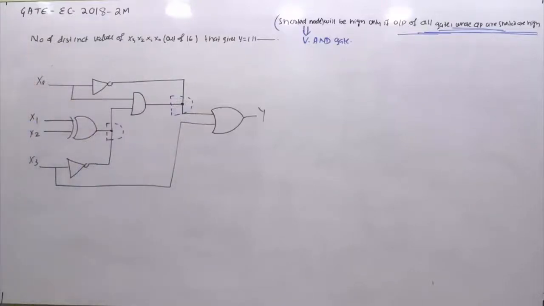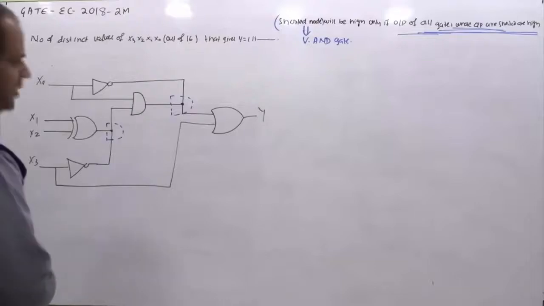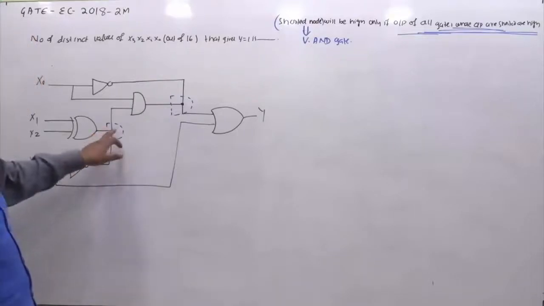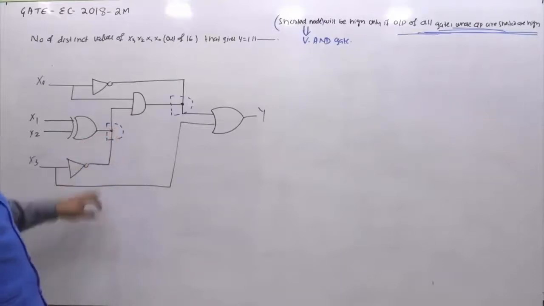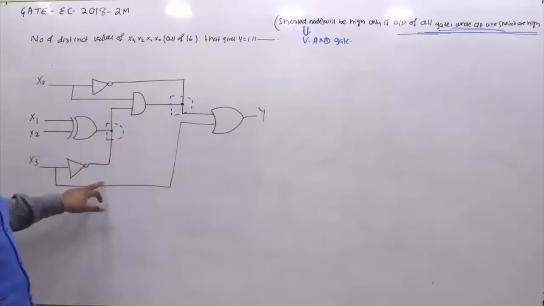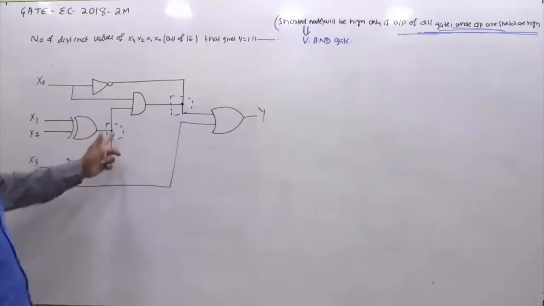Hope this is clear. Why is it behaving like an AND gate? Because this node will be 1 if the outputs of those gates which are shorted to it are 1. Isn't it? So that is the behavior of an AND gate.